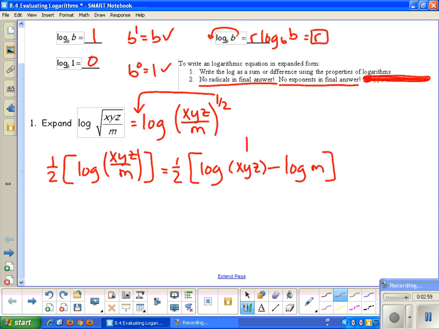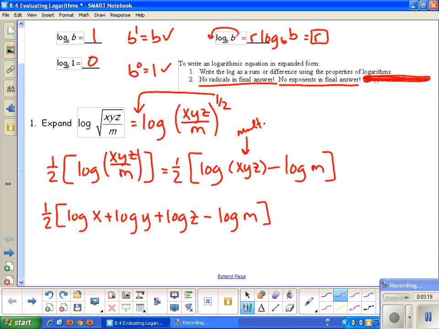And now all of these are being multiplied, which means I can use my product property and separate them using addition. So I get 1/2 times the log of x plus the log of y plus the log of z minus the log of m. And then the last step would be to take this 1/2 and distribute it in front of all my logs.